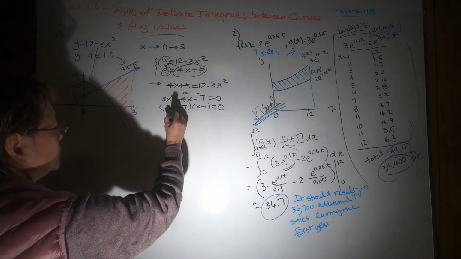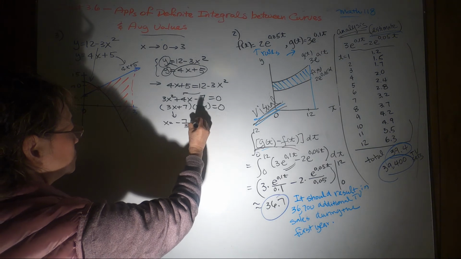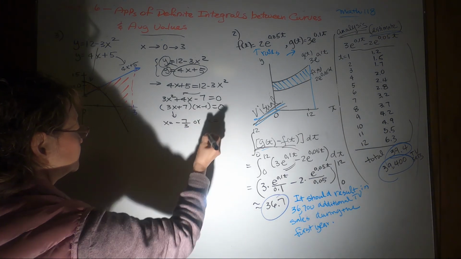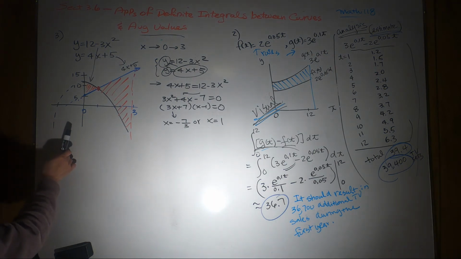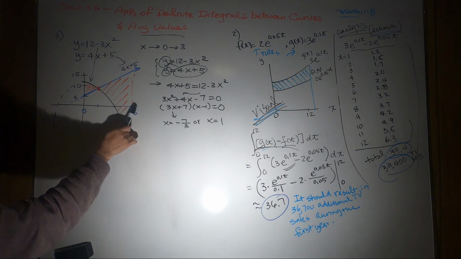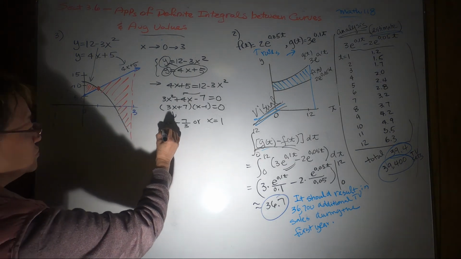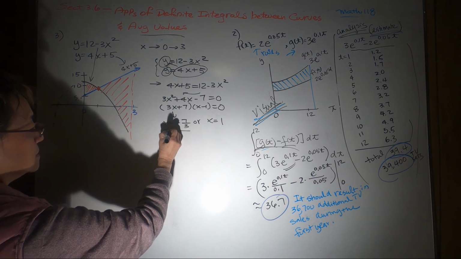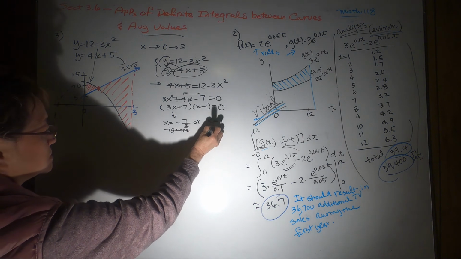So you will solve for x. x is negative 7/3, or x is 1. Okay? But we are talking about an area on here, right? Between 0 and 3. So we don't have to worry about this one, so ignore it. Okay, we just use this.